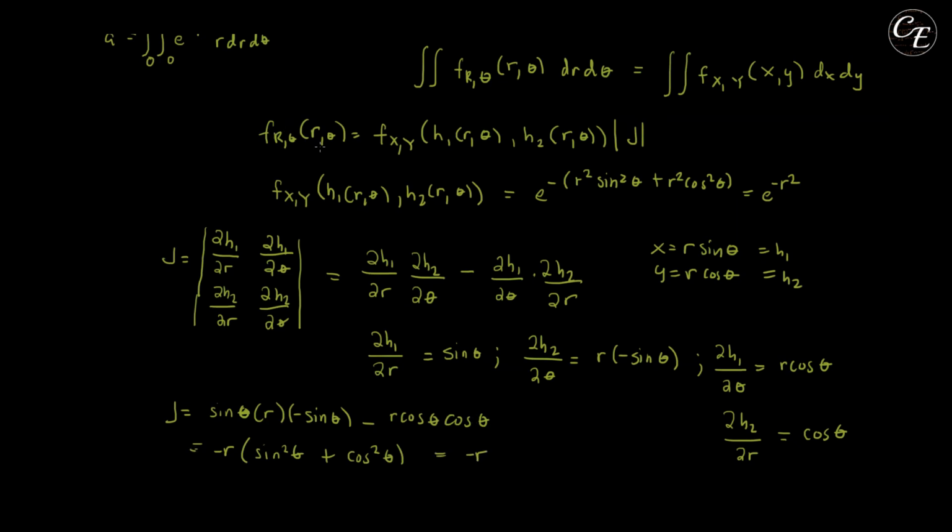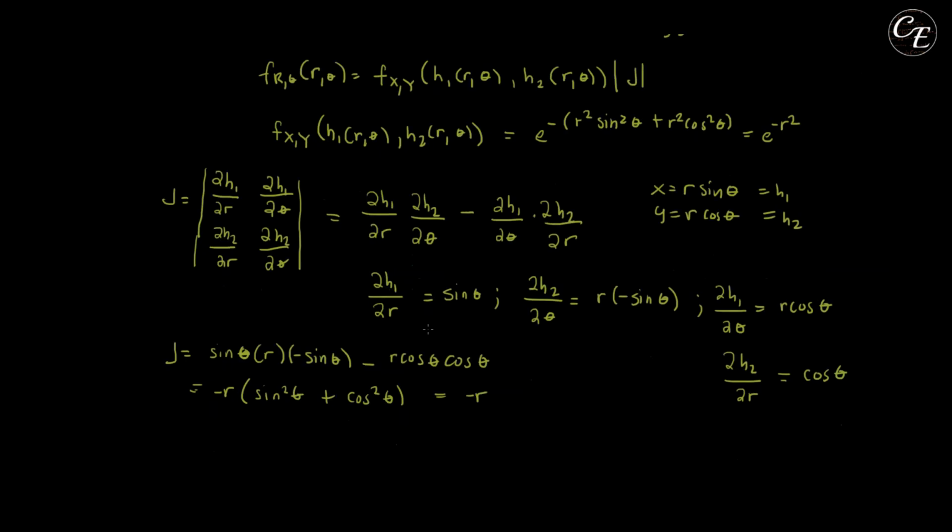Now for our f of r, theta, this is equal to e raised to negative r squared, and the absolute value of the Jacobian is this one. Removing the negative, we will have r, or r e raised to negative r squared.